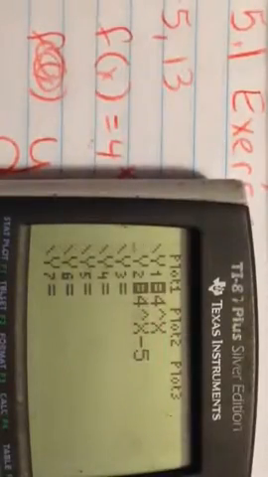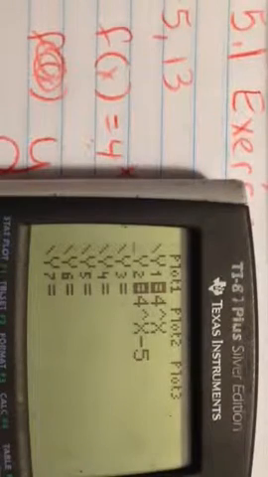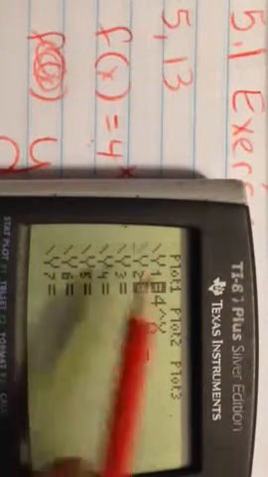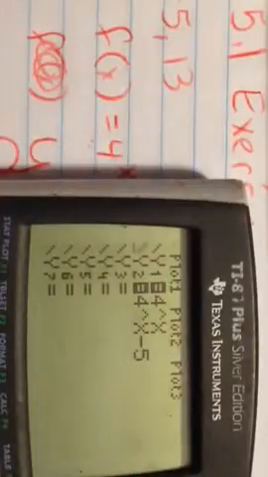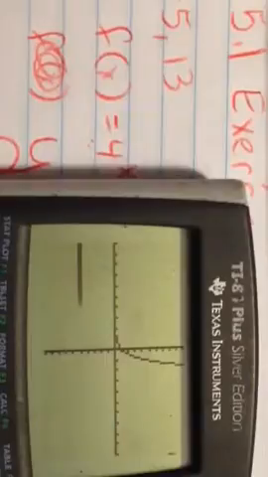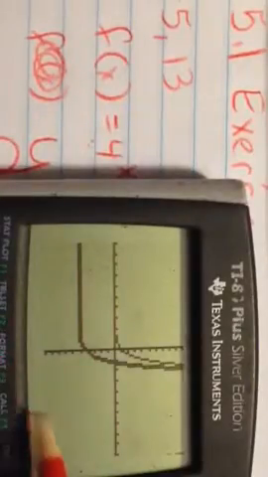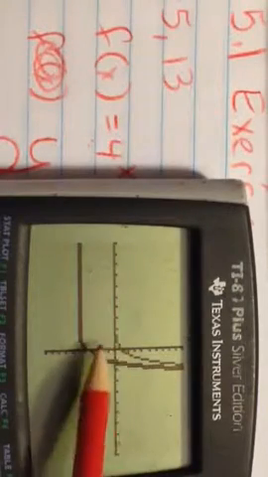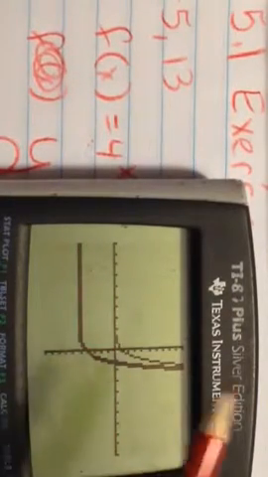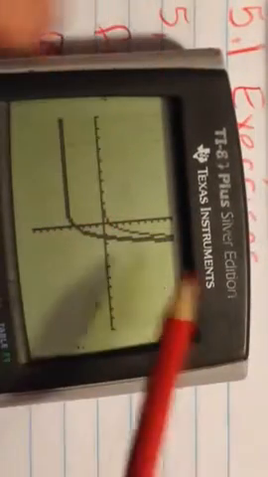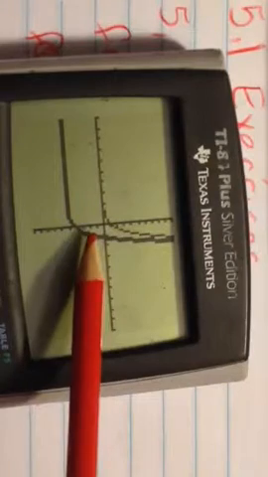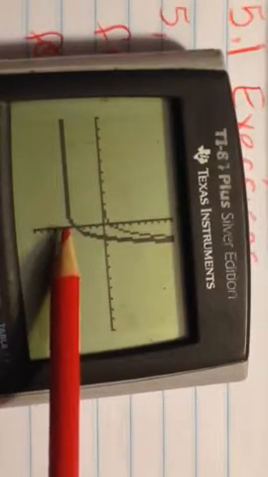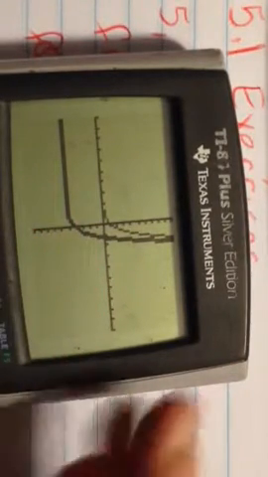Now we can hit enter, and you notice how it changes that line to dark. So when we graph, we can see both lines, and we can see the only thing that changed is it moved down. Hence the -5. If we could see this much better, we can. 1, 2, 3, 4. You can see that that did move down 5 spaces.